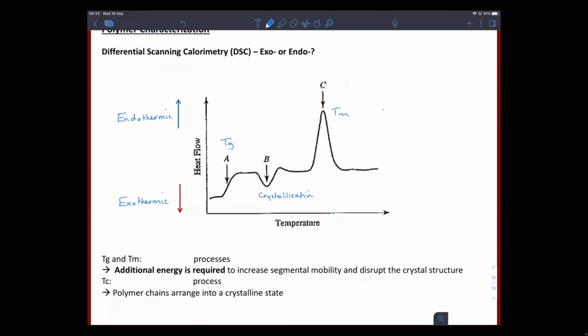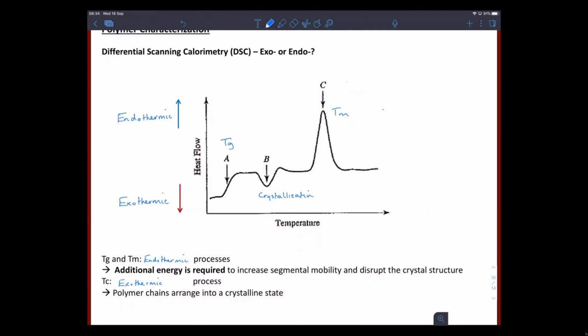So the TG and the TM are endothermic processes. It means that they require additional energy to increase segmental mobility and disrupt the crystal structure. So we know that because we've got to heat those things up. And for the TC, it's an exothermic process, where the polymer chains arrange into a crystalline state.